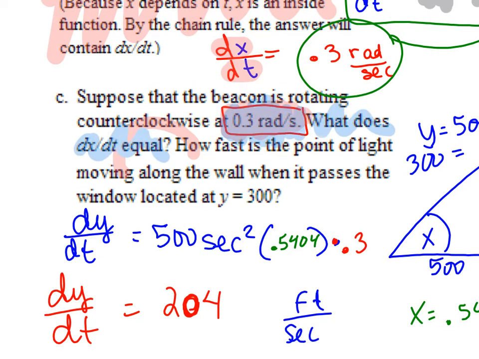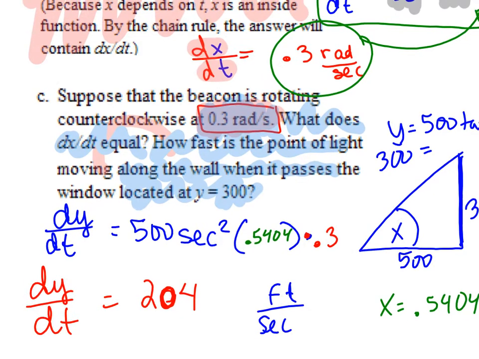All right. So we finished the first question. How fast is the point of light moving along the wall when it passes the window located at y equals 300? So first of all, we need to find out what x we get at 300.